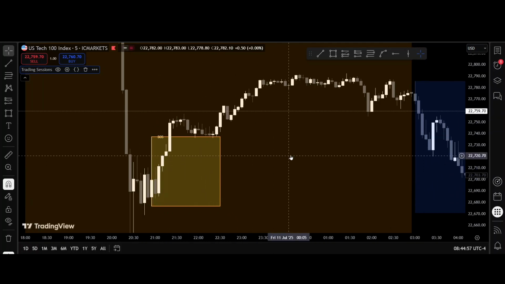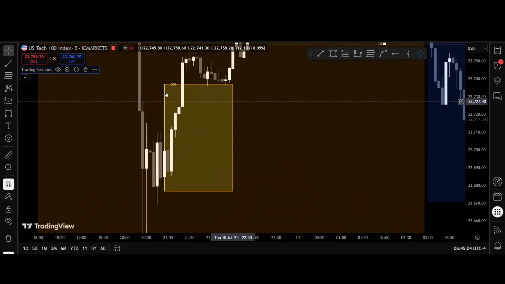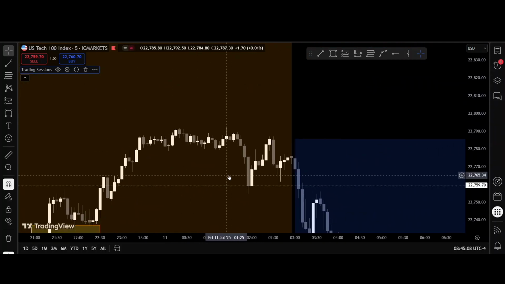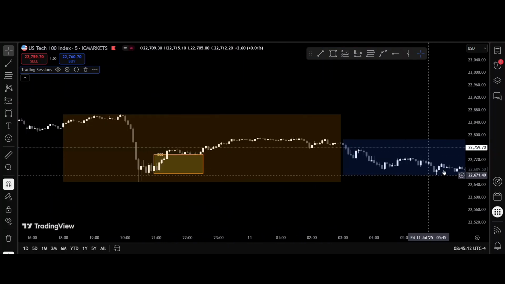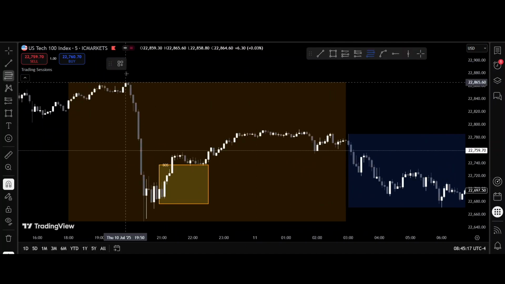It's huge, I know, but shut up and listen. We retrace into this breaker block, although the range is huge. We got a rejection of that. Cool. Enter longs, bro. I don't know to where, maybe to equilibrium of this range, which seems to have worked out. You've learned equilibrium too.